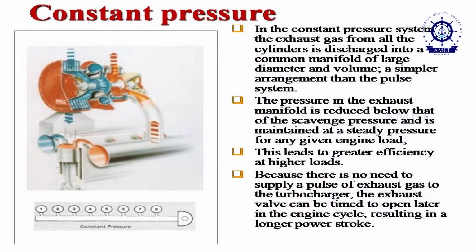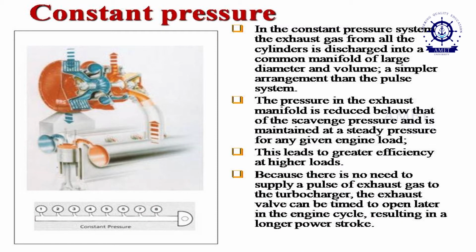However, when the constant pressure system was introduced, there was a challenge because the engine is not capable of dealing with the air as it is required at various loads. Now, how do we deal with this?